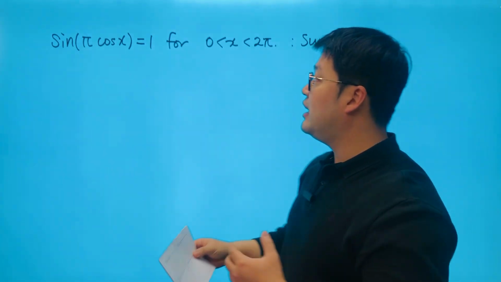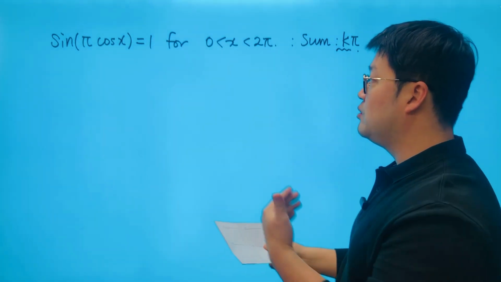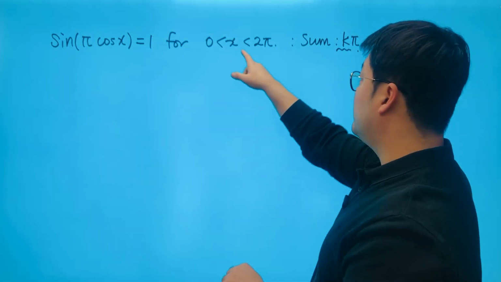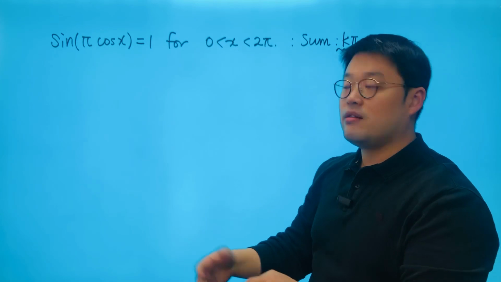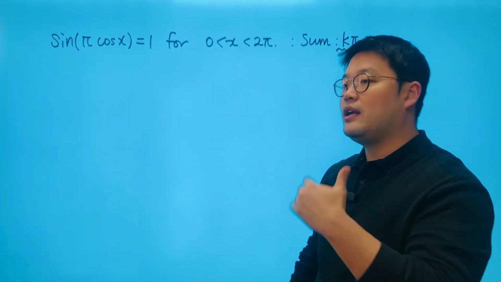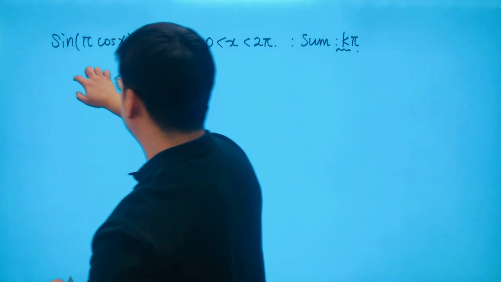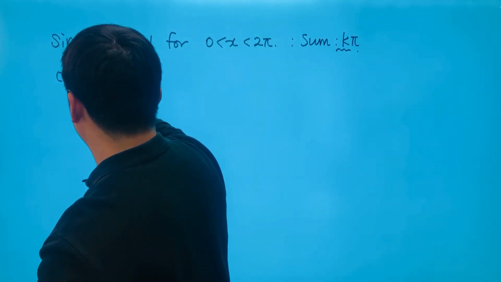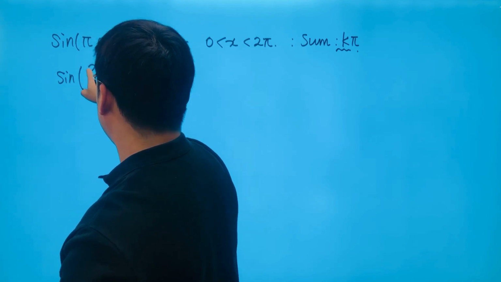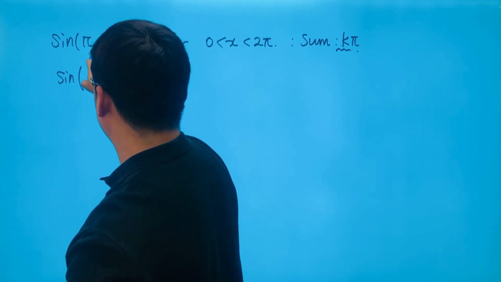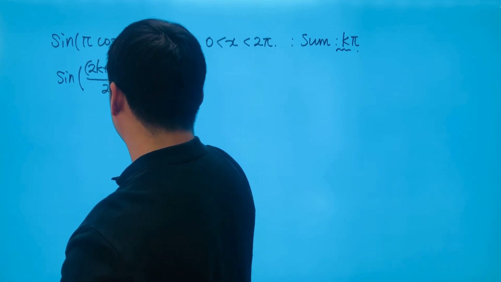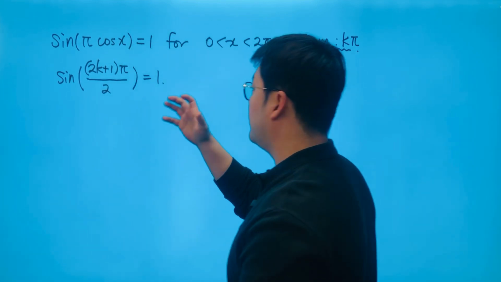So when do we really get sine to be equal to 1? Probably we're going to get only one solution, but we have to check. So when do we get sine equal to 1? We can get π over 2. For instance, sin((2k+1)π/2) equals plus or minus 1 for some integer k.